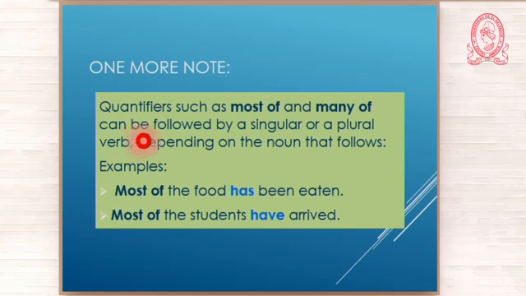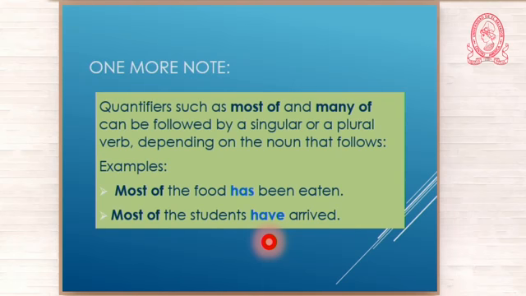But let us look at the verb. In the first sentence, we have most of, and the verb is has, a verb in the singular form. In the second sentence, we have most of again, but let us look at the verb. We have, and we know that have is the plural form.